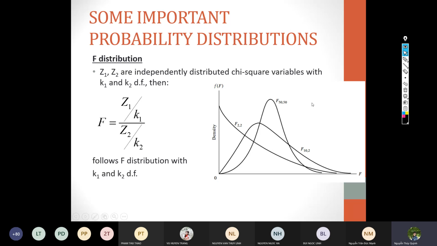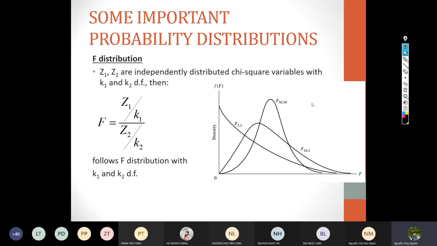So for different degrees of freedom, the Fisher distribution has a different shape. When you talk about an F distribution, remember to specify the degrees of freedom of that distribution.